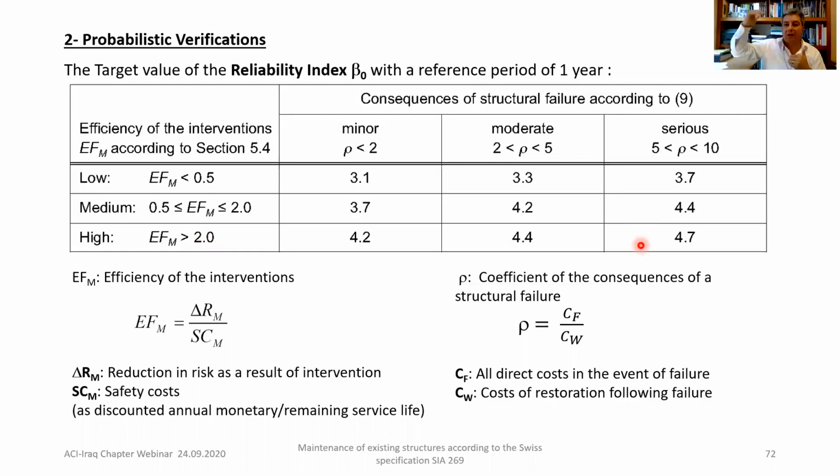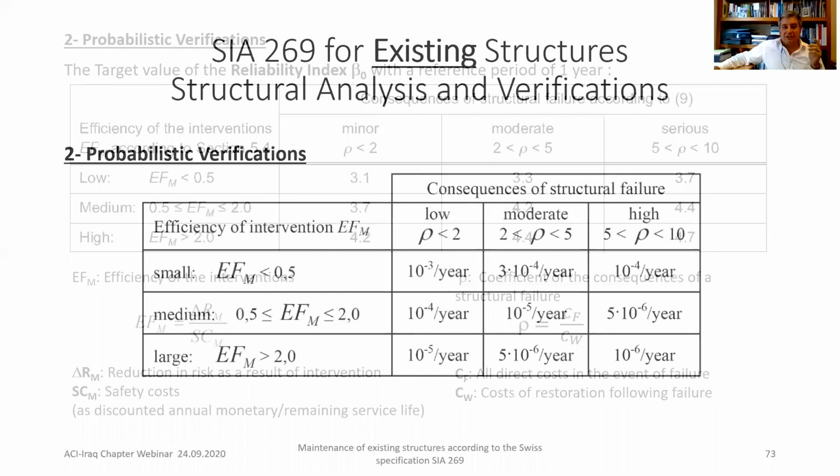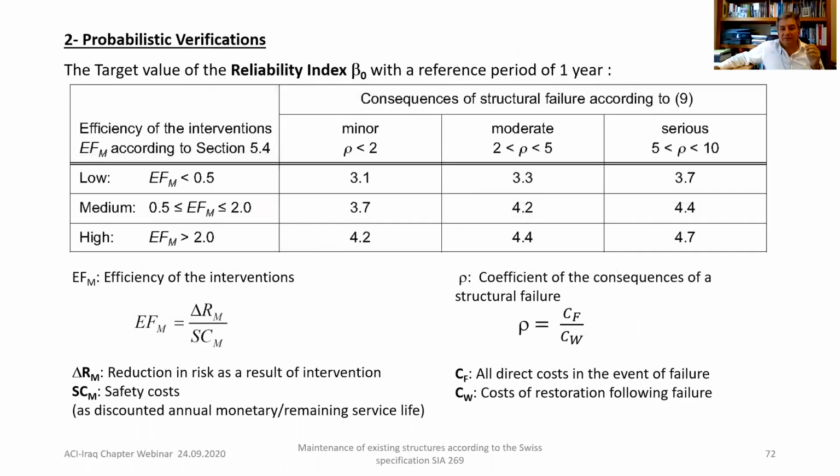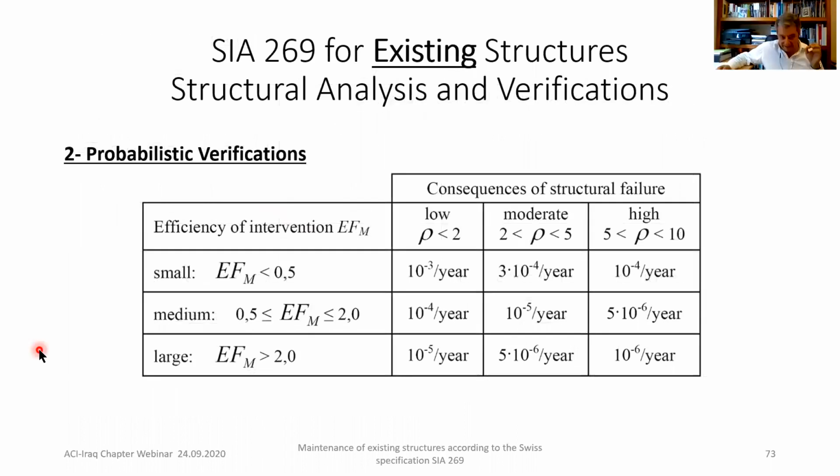Therefore, they increase the effects. Just to mention that this table came directly from the work of JCSS, the model code, but the model code used the risk value, not the reliability value. The two ways are the same, because at the end it's the same thing.